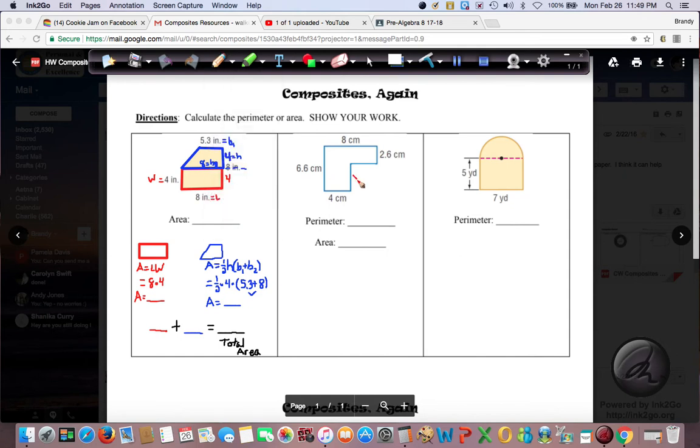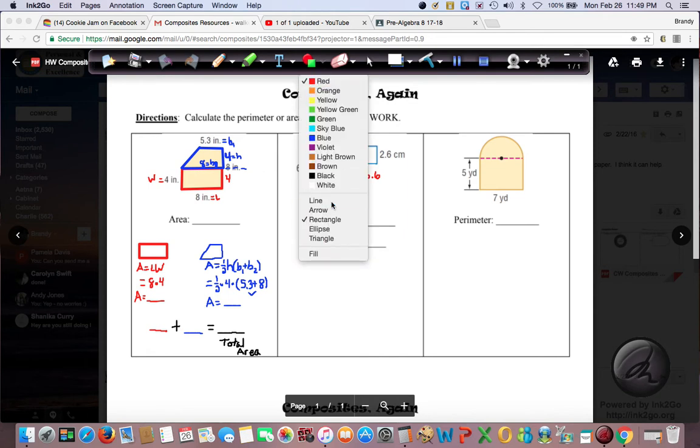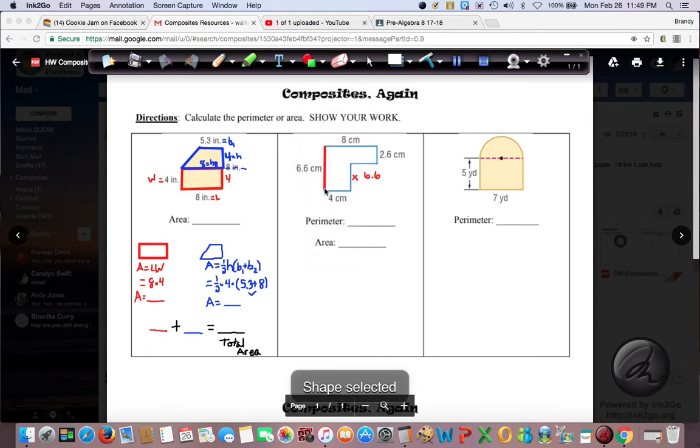If we look at this one first, we know the whole vertical side is 6.6, and we know 2.6 of that. So we need to take 6.6, which is this piece right here, and we need to subtract this little piece here to figure out what's left over for this piece.